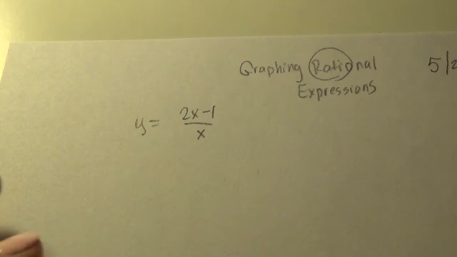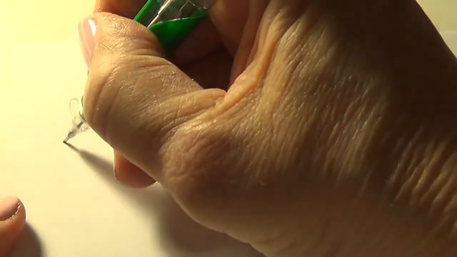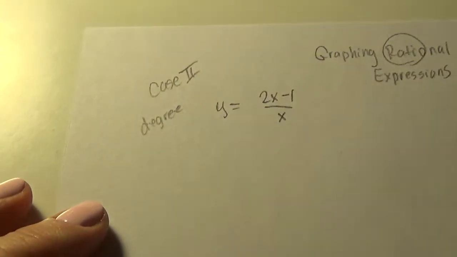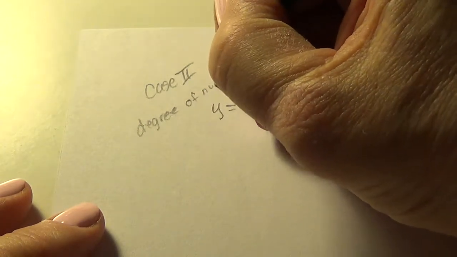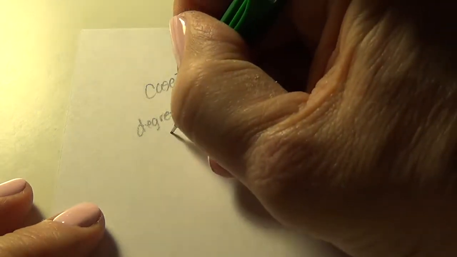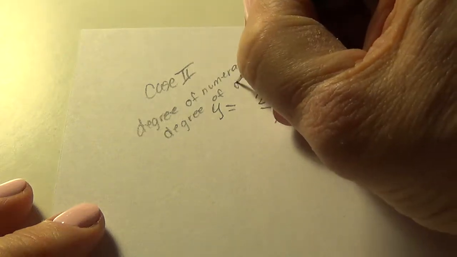This time it's case 2, where the degree of the numerator equals the degree of the denominator.